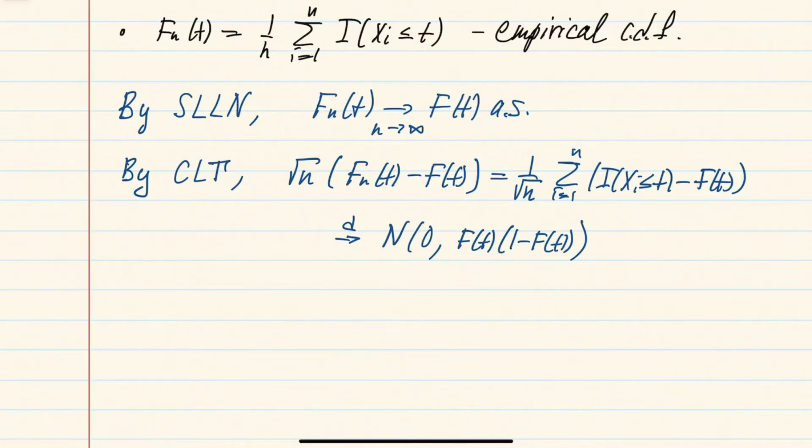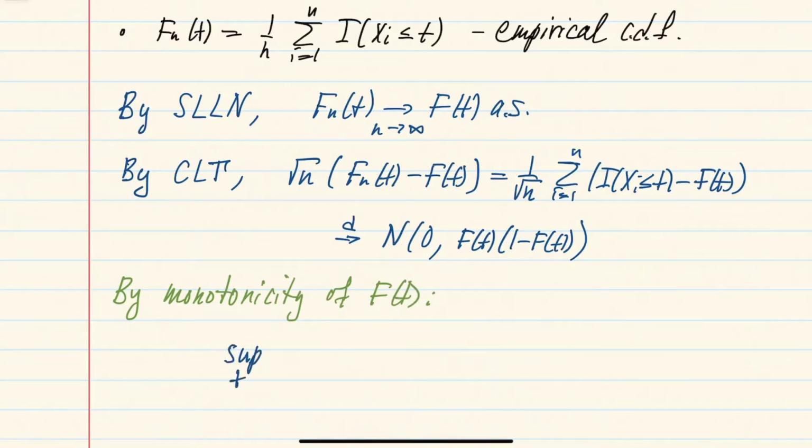And the first thing we notice is that by monotonicity of the CDF, if you look at the supremum over all t of the difference between the empirical CDF and the limit, which is the CDF, this actually also goes to 0 as n goes to infinity almost surely. This is left as an exercise at the end of the section, but it's a simple exercise.